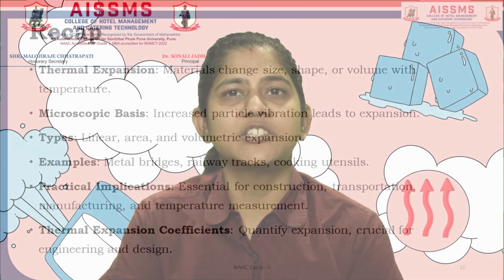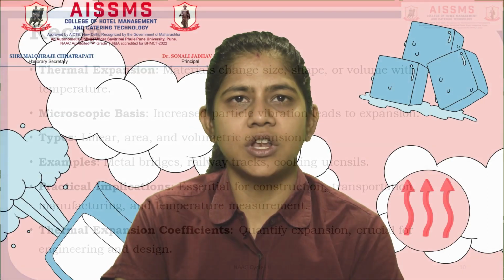Coefficients of thermal expansion are crucial for engineers and designers. Linear, area, and volumetric coefficients are commonly used to express thermal expansion quantitatively. These coefficients represent the fractional change in size, shape, or volume of a material per unit change in temperature.